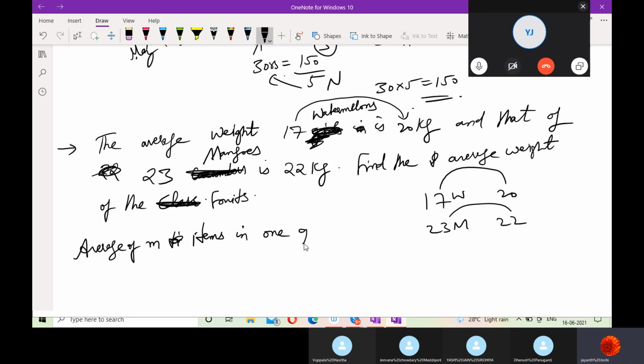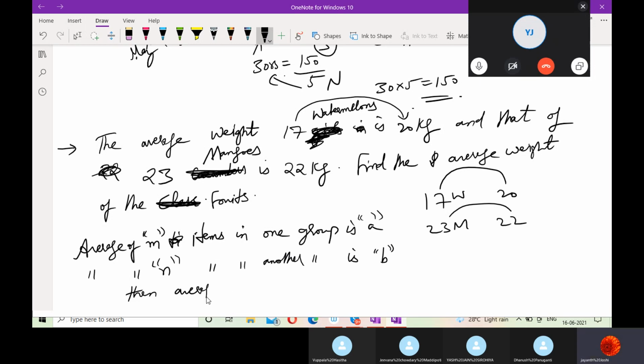Average of m items in one group is A, and average of n items in another group is B. Then the average of the combined group is equal to (MA plus NB) by (M plus N).